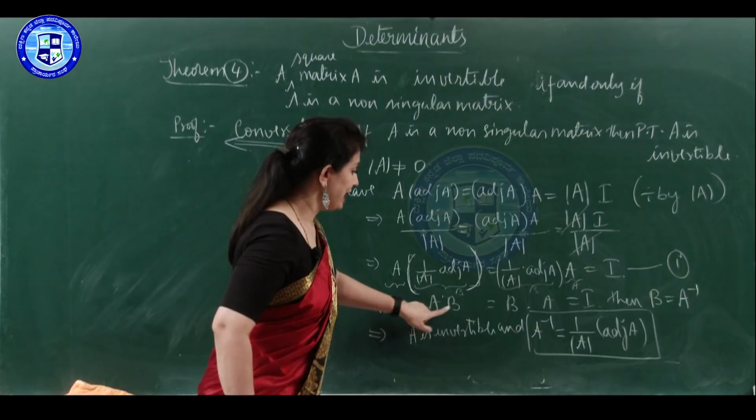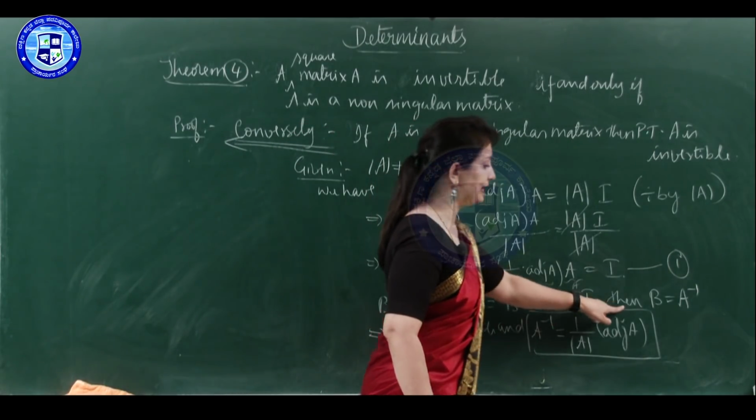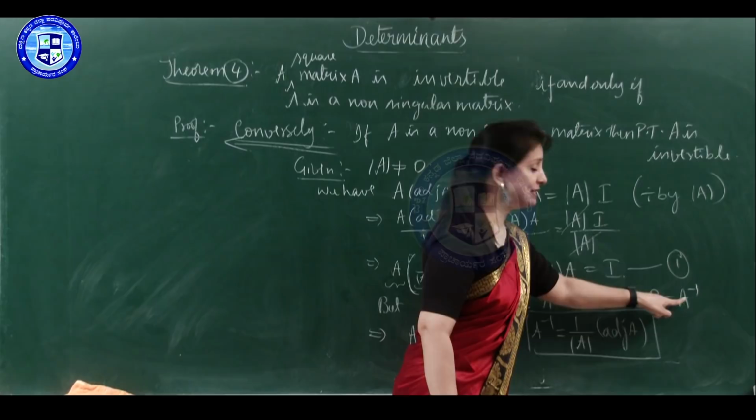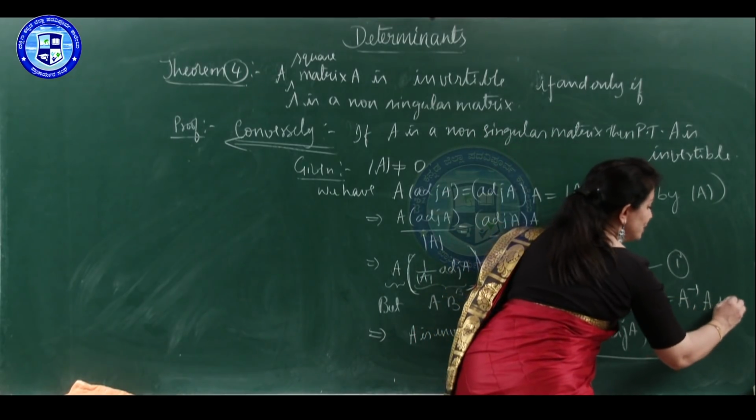So, if A into B is equal to B into A is equal to I, then A is invertible and B is equal to A inverse.